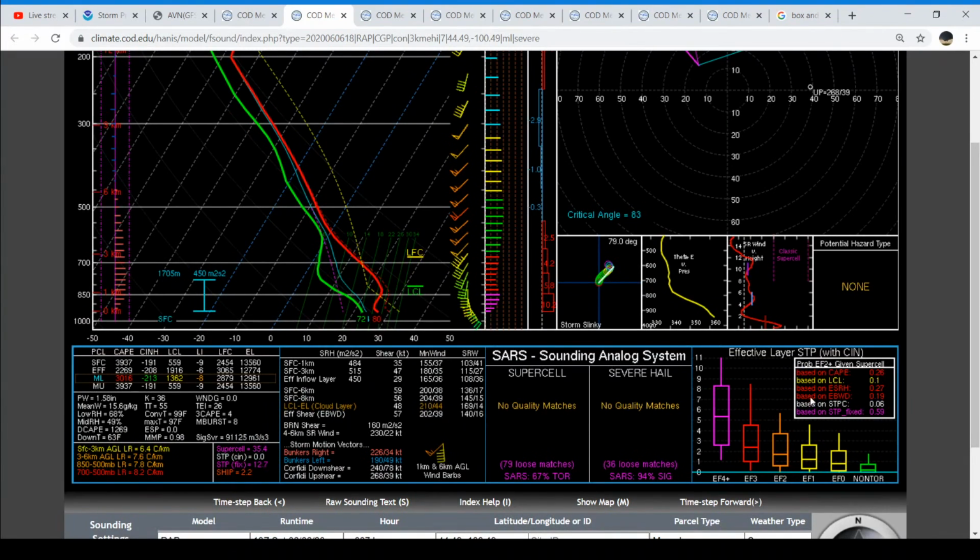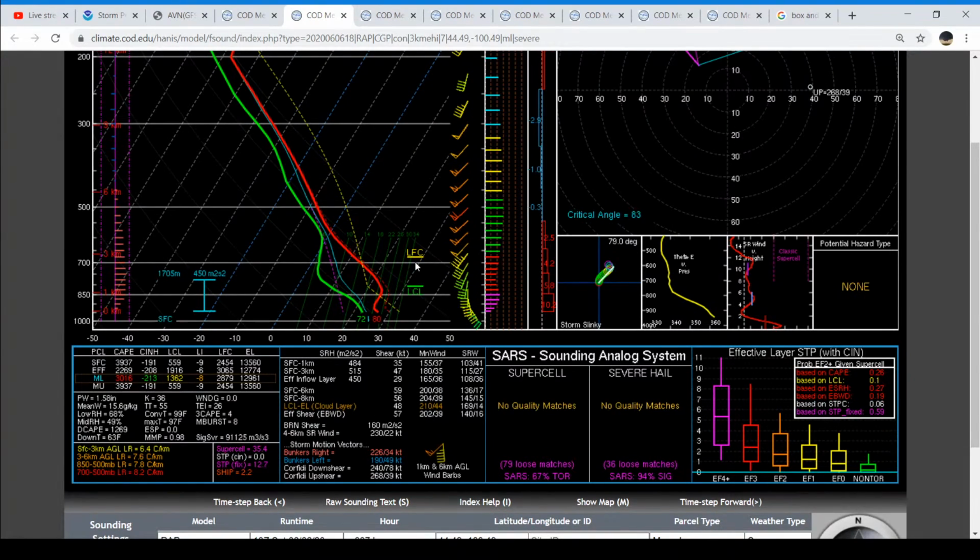Okay, so as we can see, the LCL and LFC heights are largely split, and that means when a parcel rises, this is where the cloud starts, and this will help shoot it up. But the parcel is kind of cooler to this area.